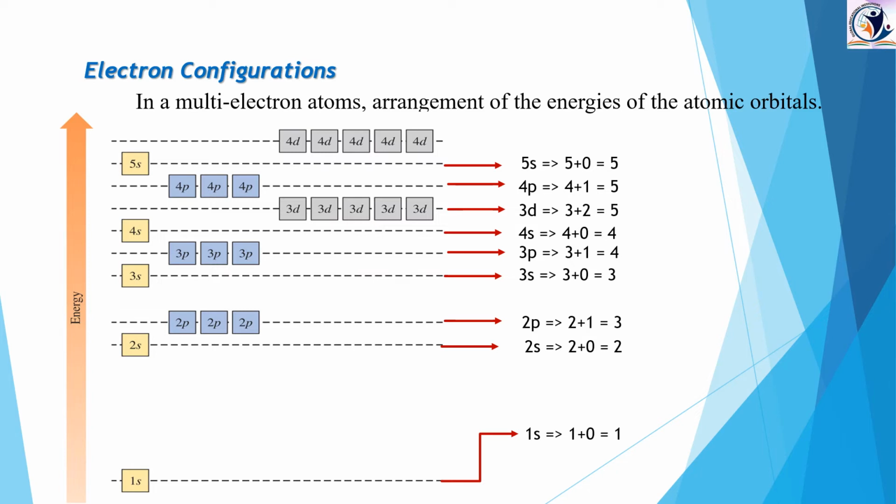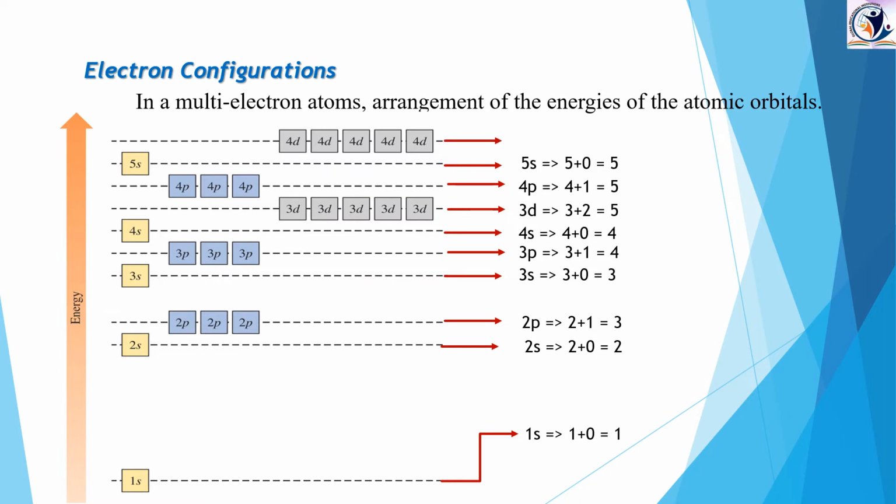Out of these three, which has the least principal quantum number? 3 is the least, so it has the lesser energy. 4p is the next one, and 5s, with principal quantum number 5, is the greatest, so it has the greatest energy out of all these atomic orbitals. I hope you understood now.